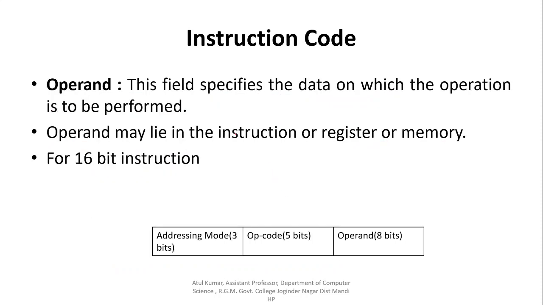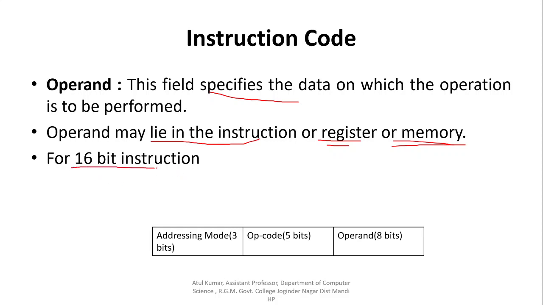The next field is the operand. This field specifies the data on which the operation is to be performed. The operands may be stored in the instruction, in a register, or in the memory.